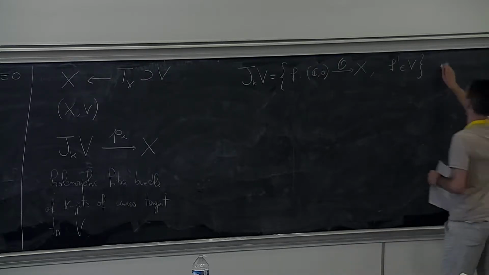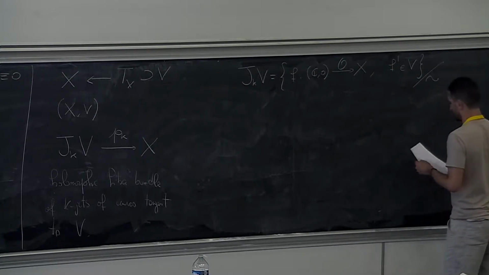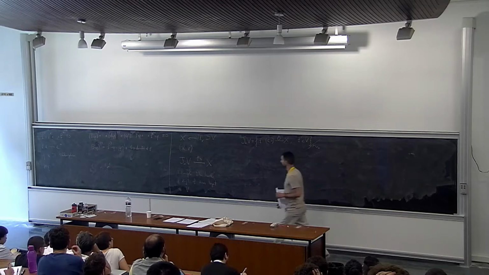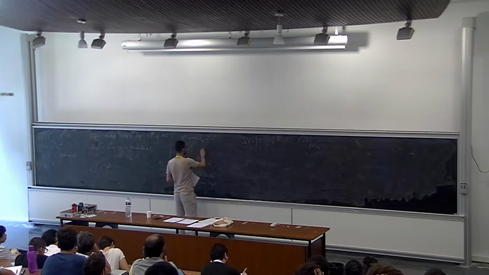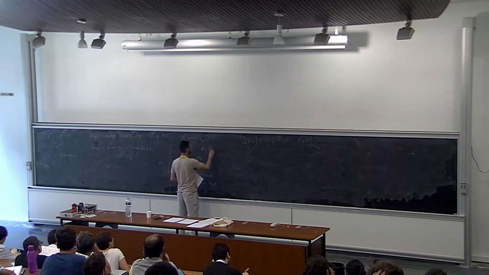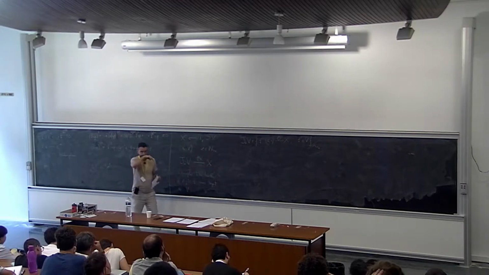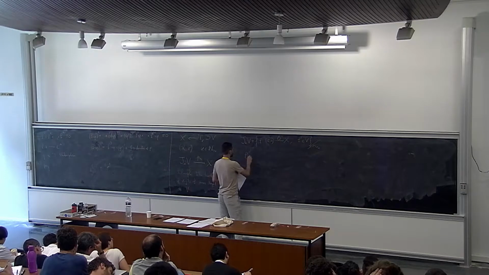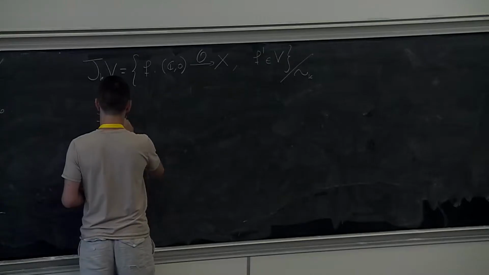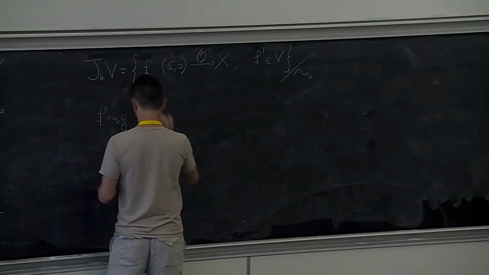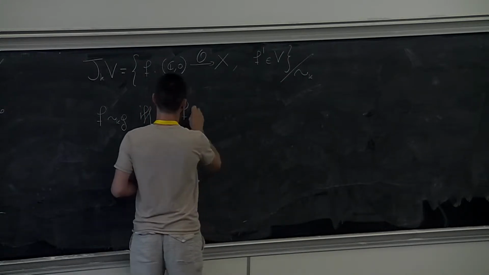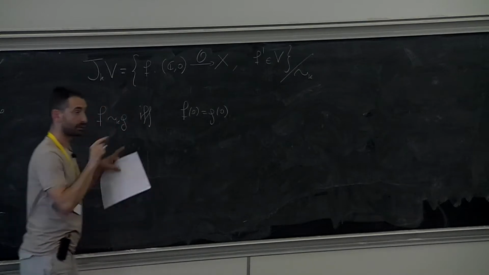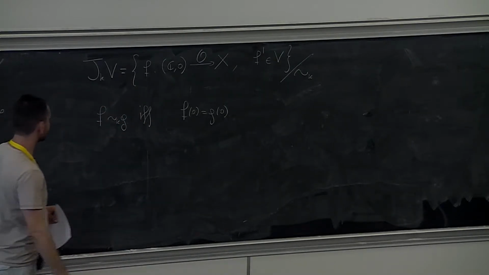And I have some equivalence relation. So I fix an integer k, of course. And the equivalence relation is that f is equivalent to g if and only if, first of all, f of 0 is equal to g of 0. Okay, they go to the same point, right?